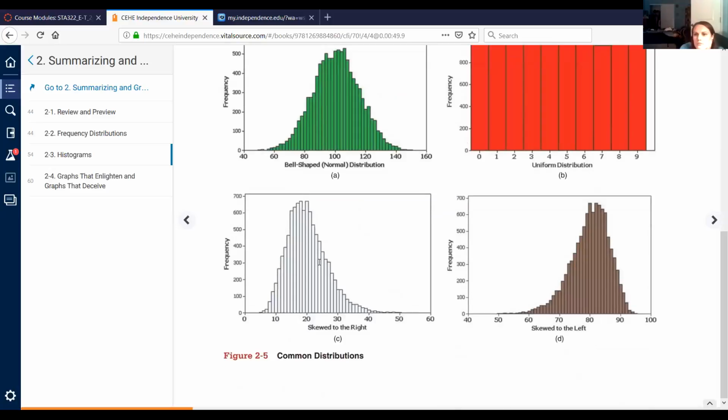Over here, we can have skewed data, meaning that there is more data to the right and it trails off to the left, or more data to the left and it trails off to the right.